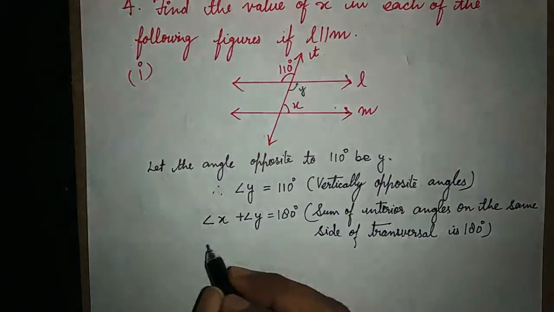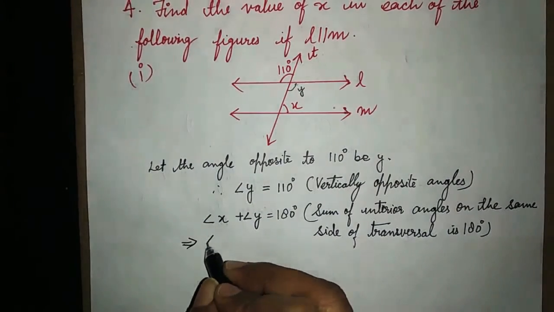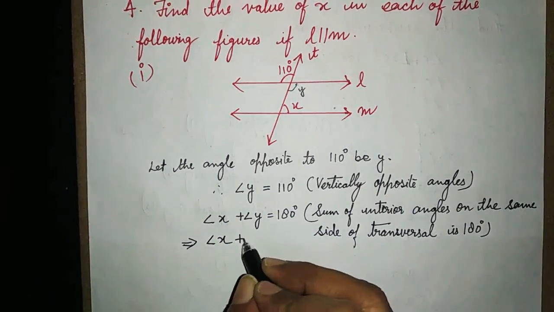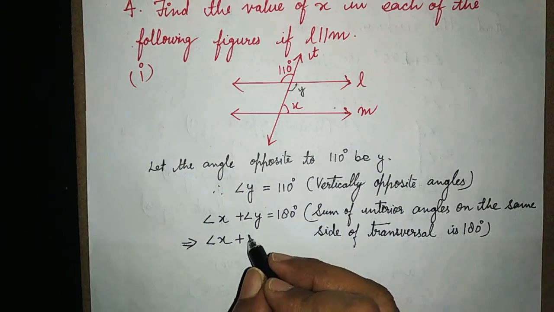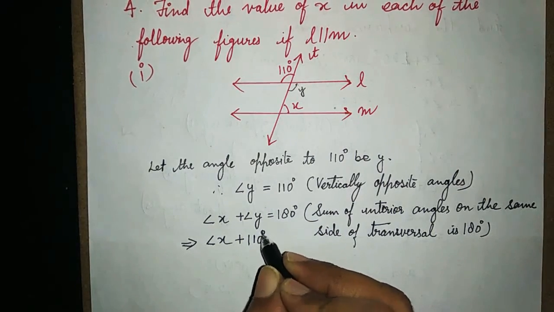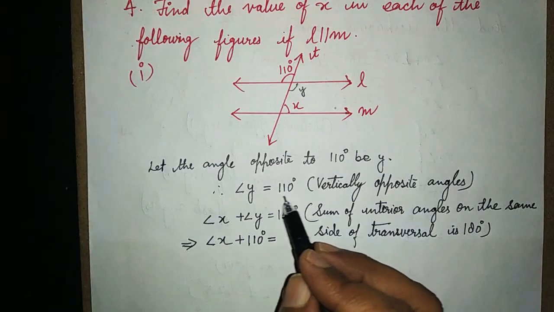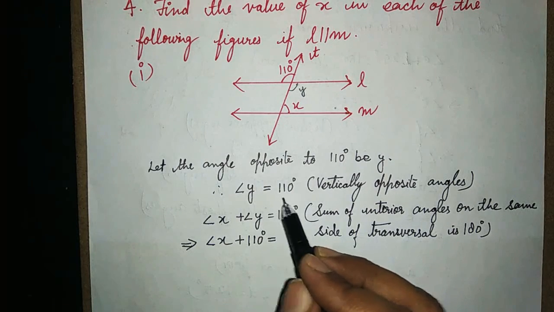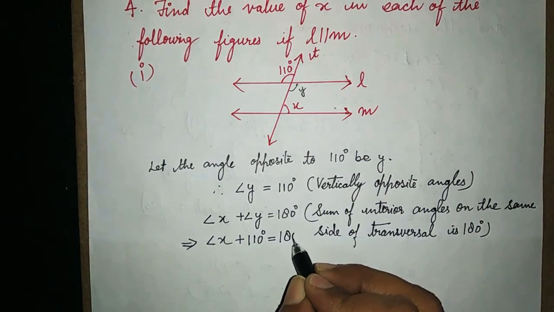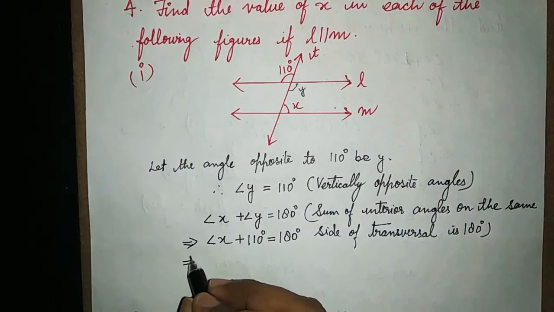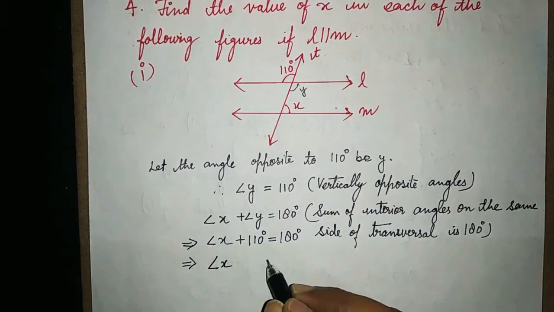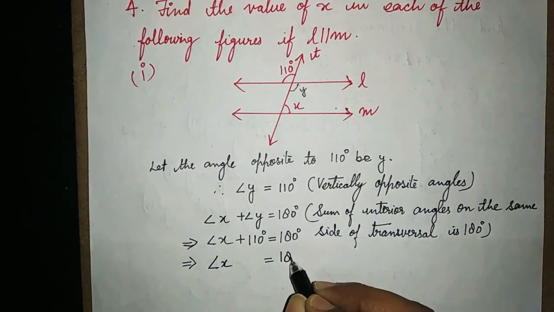Now here angle X we will write now. We will put here 110 degree because here we have calculated measure of angle Y. Angle X is equals to 180 degree.